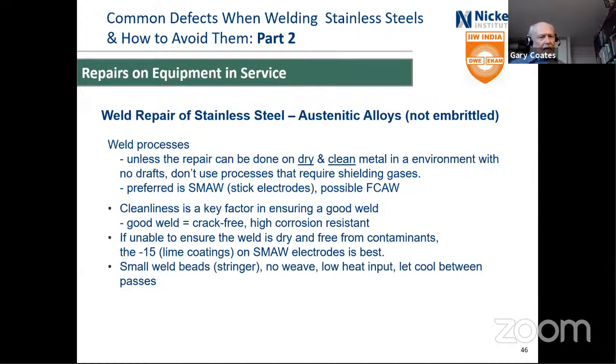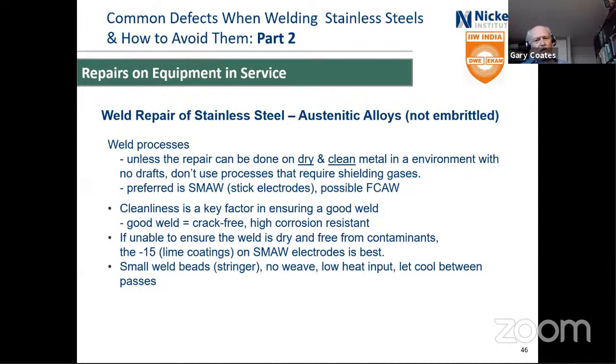So if you can't ensure that the material is dry and free from contaminants, the -15 coated electrodes, shielded metal arc electrodes, are really the best. They are the least crack sensitive, the least sensitive to moisture.